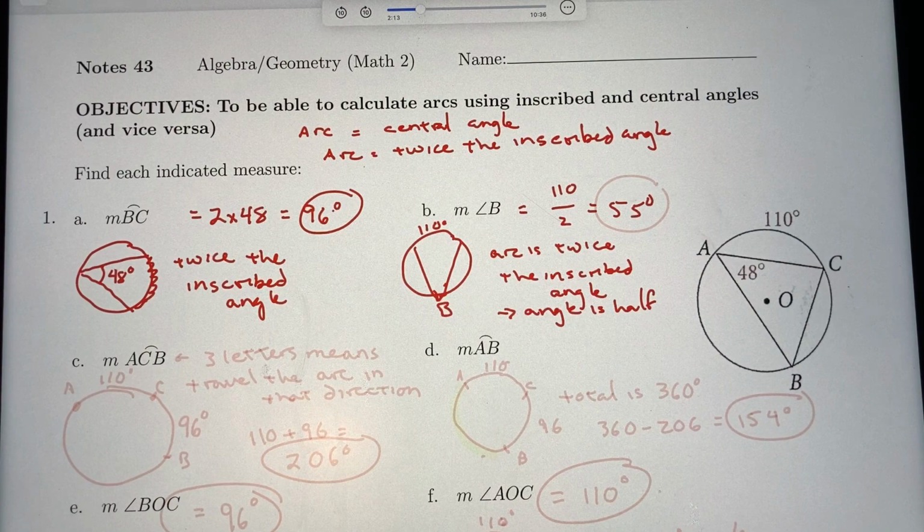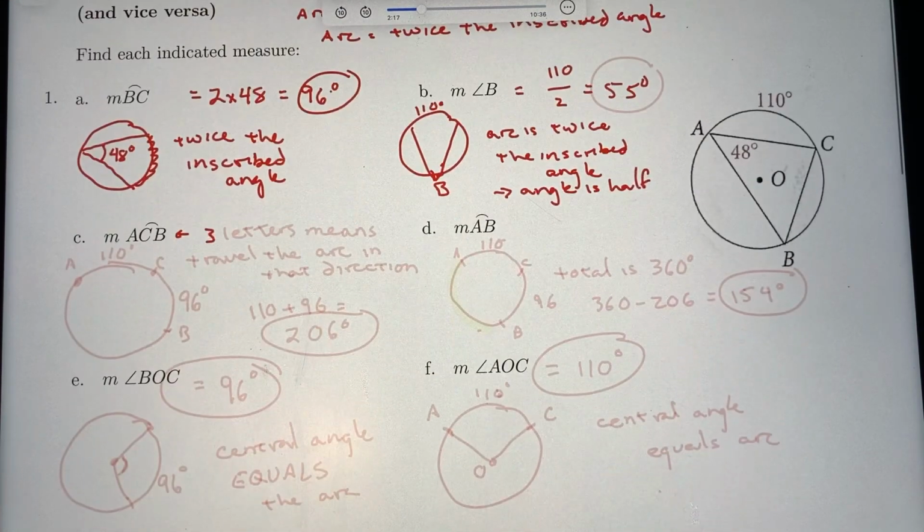Okay. ACB, just a little note, 3 letters means go that direction even if it's the long way around. Go from A through C to B. So let's see.